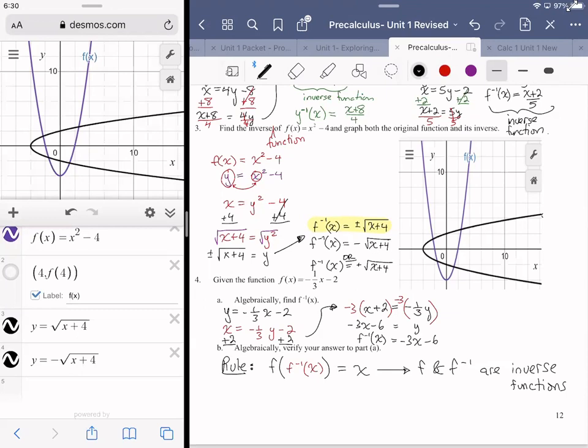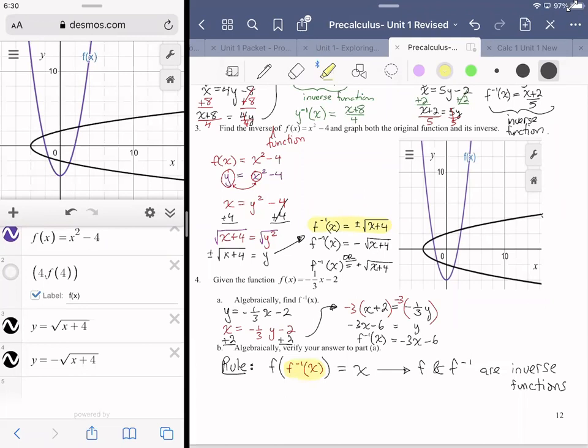When I say f inverse of x here, it's implied that what I'm saying is the thing that I'm claiming is the inverse. We don't know for sure, otherwise we wouldn't be testing it. So f composed with the assumed inverse, if that is equal to x, then we will have confirmed the relationship.